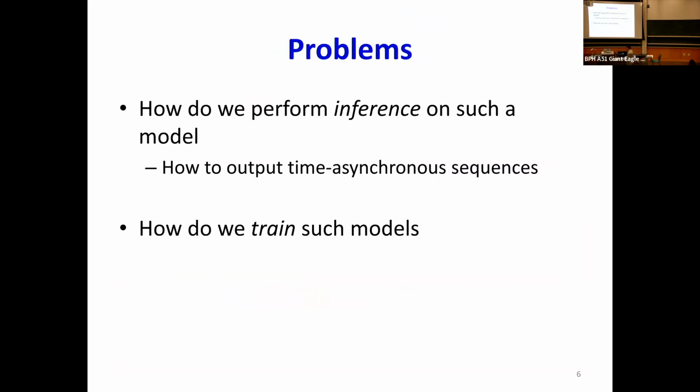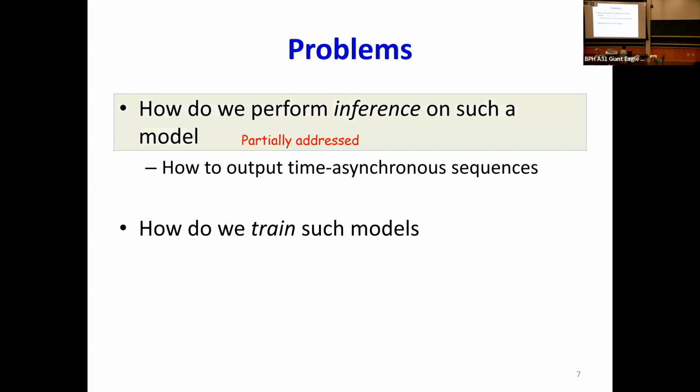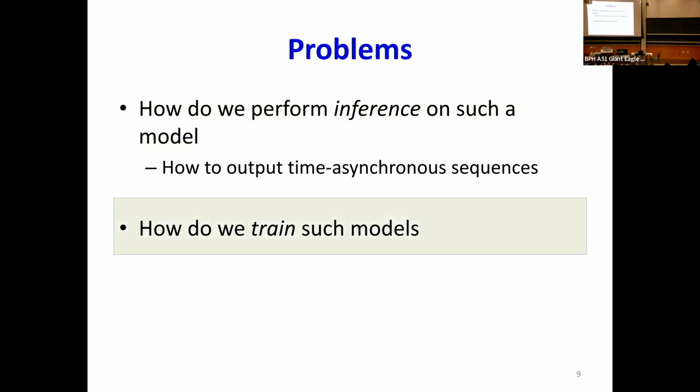The problems we saw were how to perform inference on such a model, how to output time-asynchronous sequences, and how to train such models. We partially addressed the first by picking the most likely symbol at each time and collapsing all of those repetitions into a single instance. Now, we spent a little more time on how to train such models.